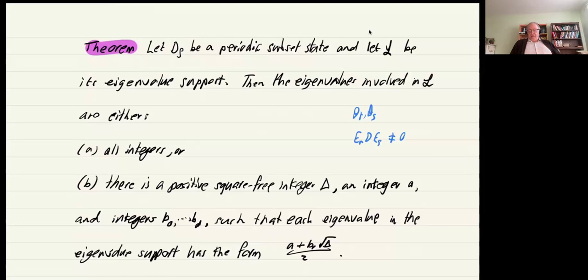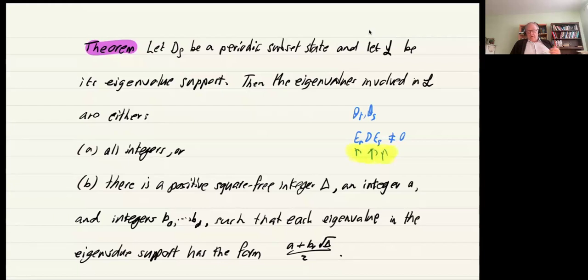Now the point I want to make is that field automorphisms will fix D, since my densities are rational anyway, and will map E sub R and E sub S to other idempotents. We did this in the previous lecture.